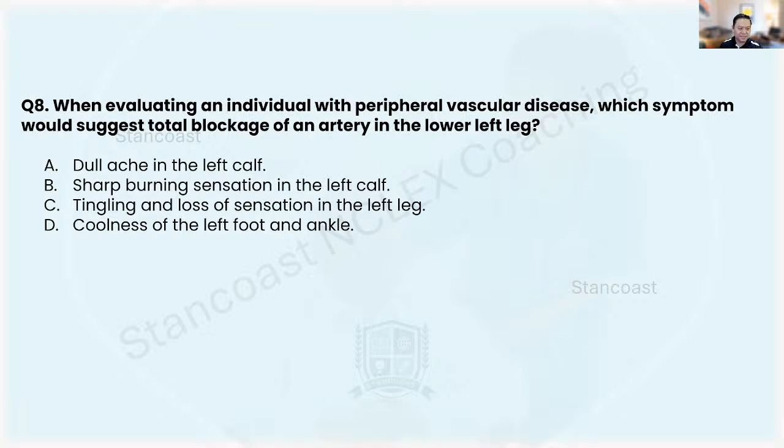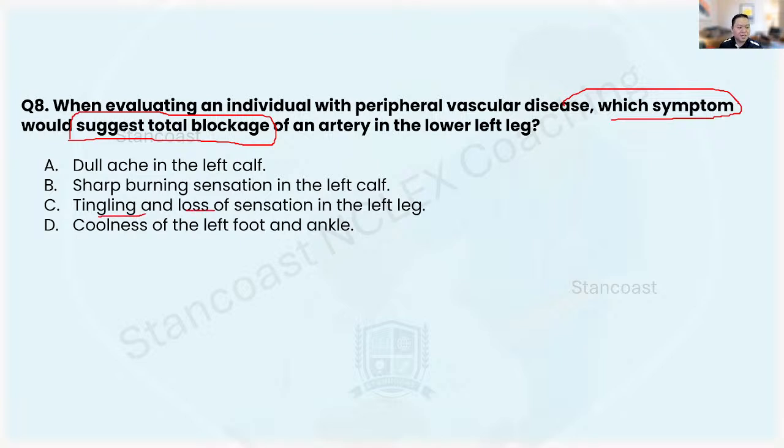All right. Symptom that suggests total blockage. I'm seeing Mariana answering D, Charmaine. Okay.